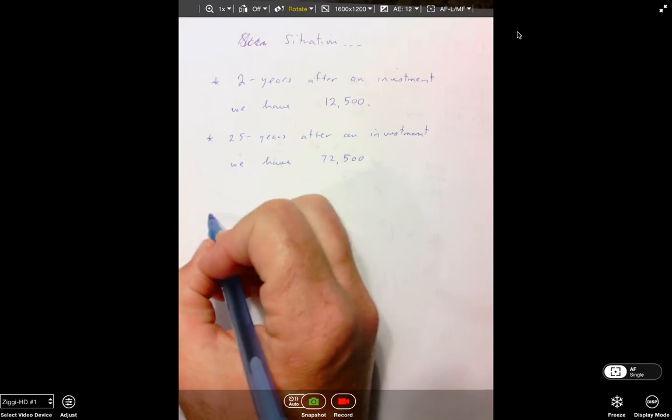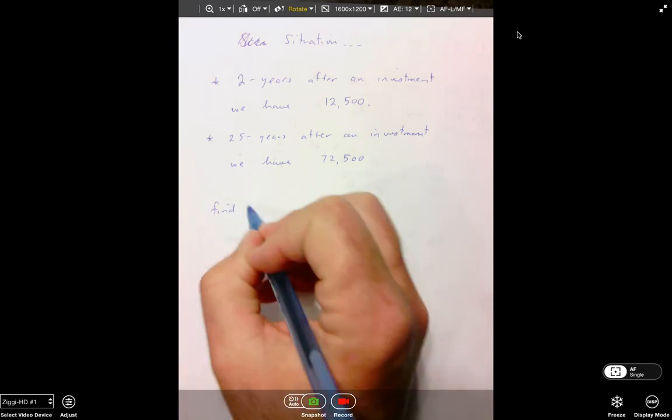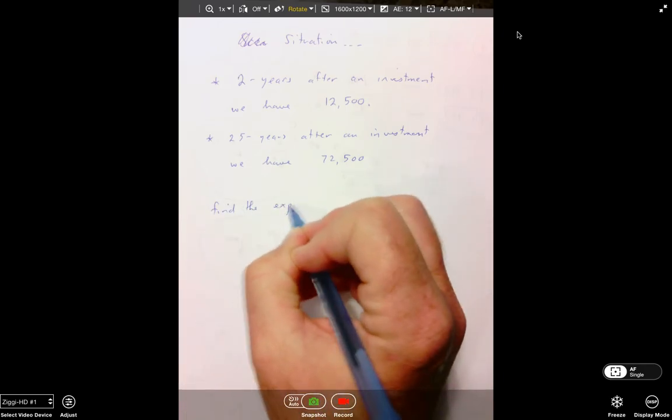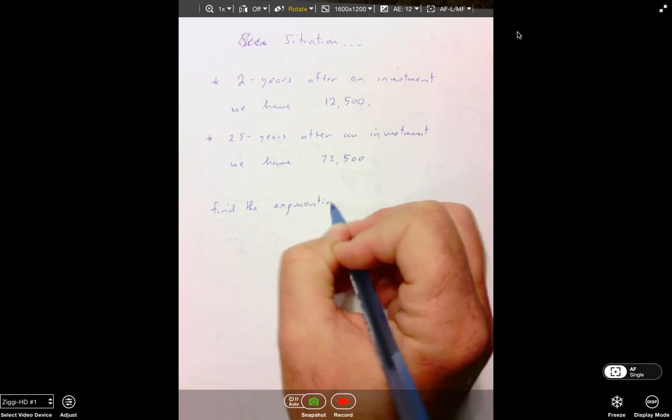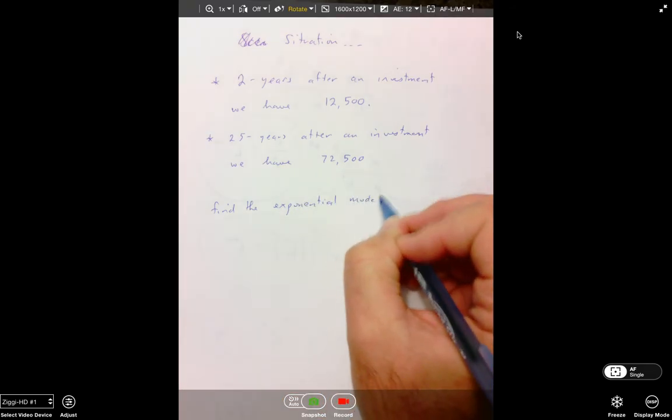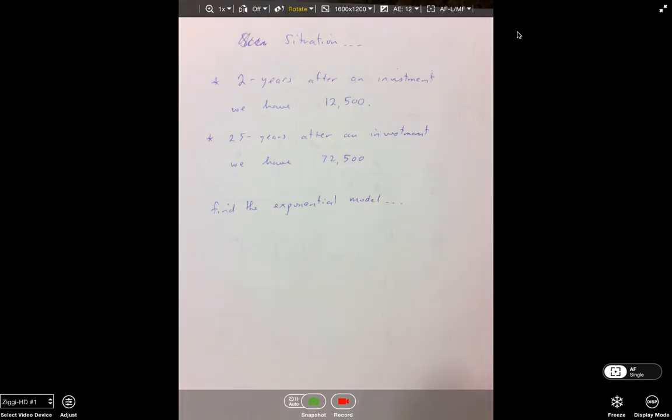Let's find the exponential model, and see what this exponential model tells us about this investment.